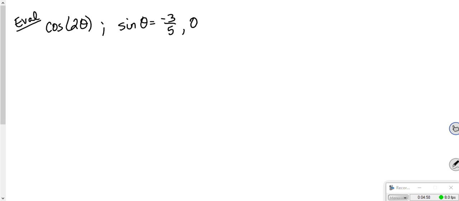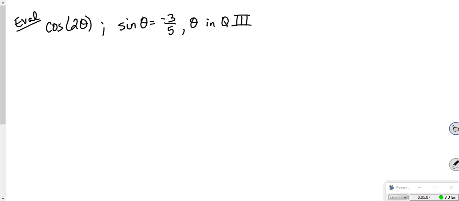Problem 9 says evaluate the expression under the given conditions. So we are evaluating cosine of 2 theta when it tells us that sine theta is negative 3/5 and theta is in quadrant 3.